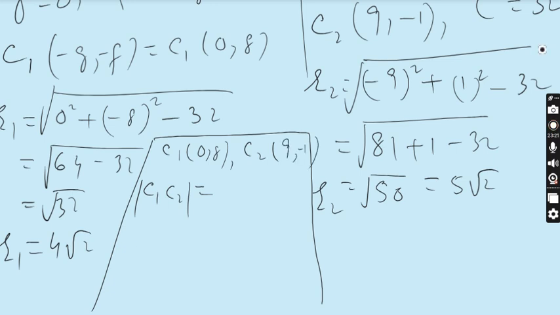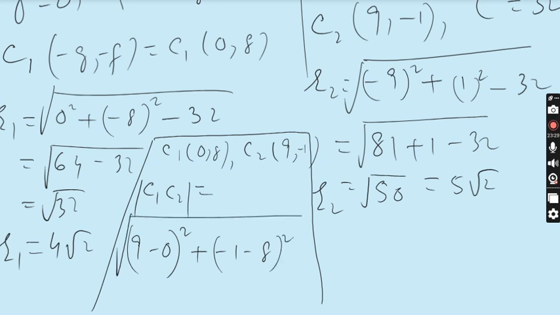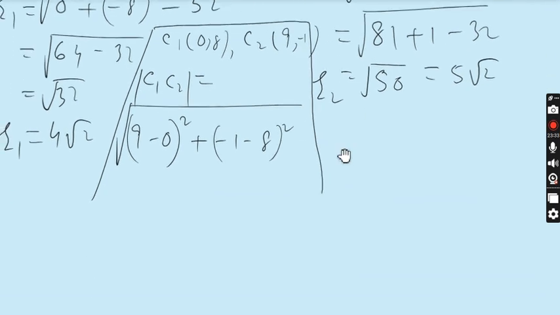So x2 minus x1 squared plus y2 minus y1 squared, square root, right? So 9 squared is 81 plus 9 squared is 81. 162 root.